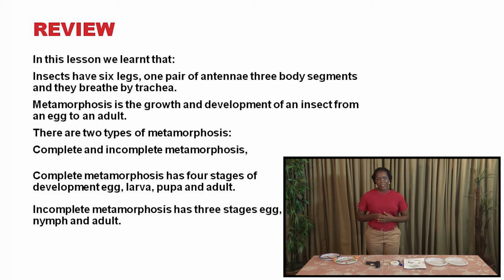There are 2 types of metamorphosis: complete and incomplete metamorphosis. Complete metamorphosis has 4 stages of development: egg, larva, pupa, and adult. Incomplete metamorphosis has 3 stages: egg, nymph, and adult.